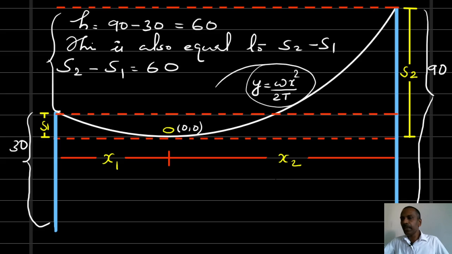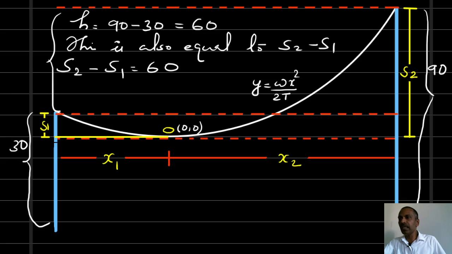In this equation, if you substitute a particular value of x, you will get the corresponding vertical distance y. For example, if you substitute x1, you will get the vertical distance s1. So we can write s1 is equal to w x1 square divided by 2t.